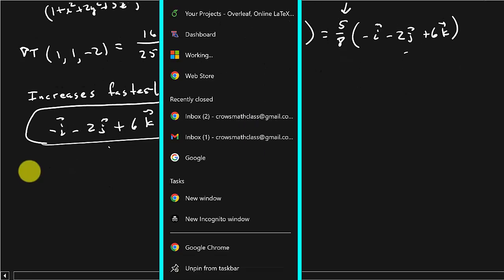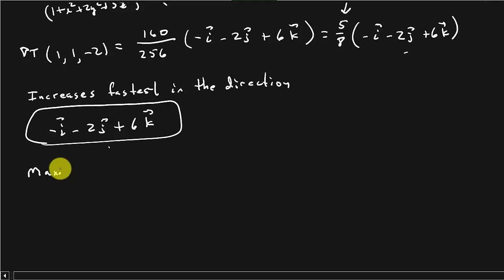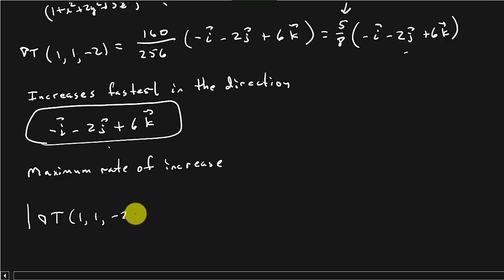And then we have our maximum rate of increase. Well, what is that? It's the magnitude of the gradient at the point.